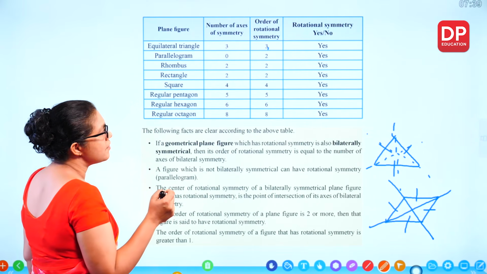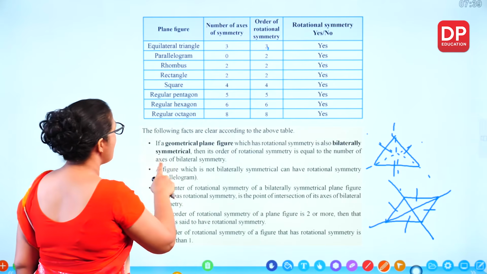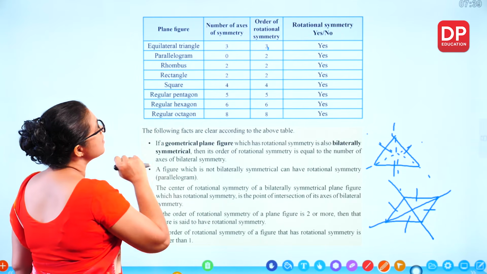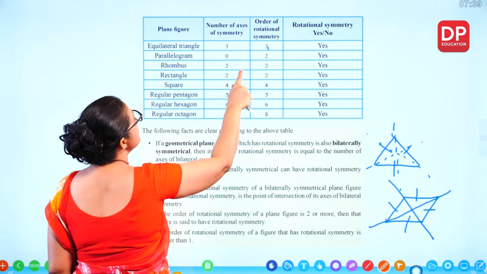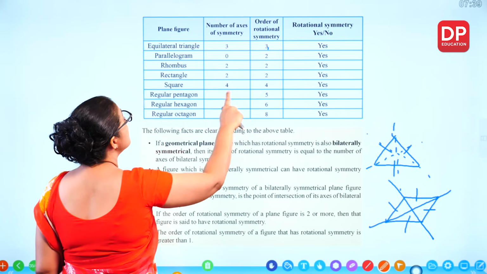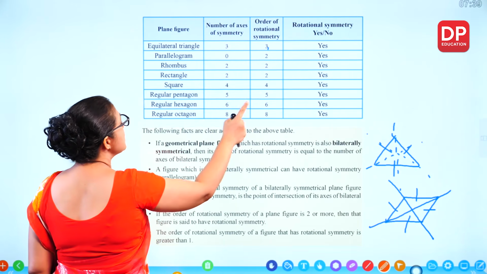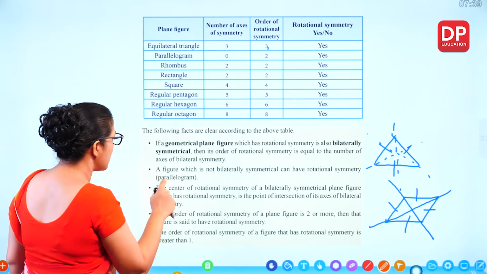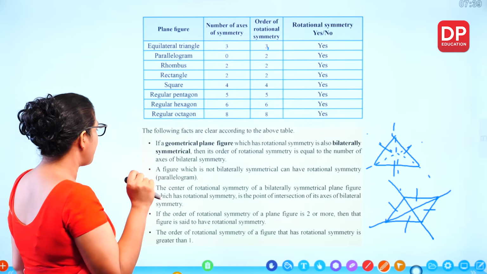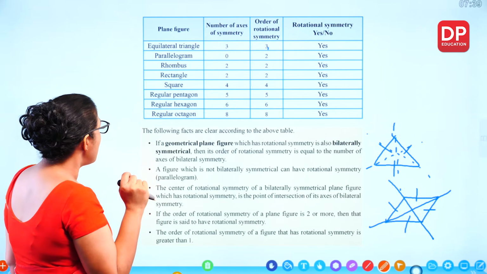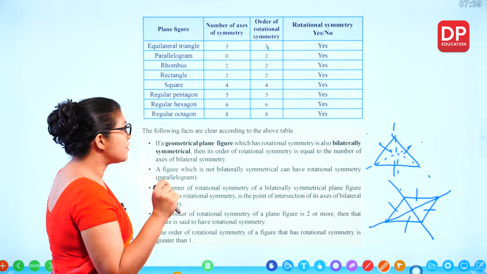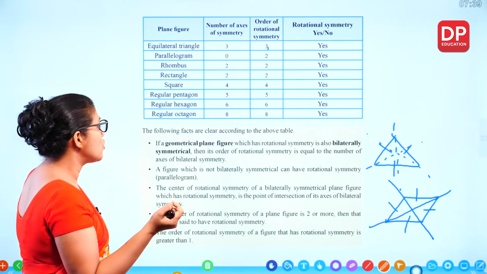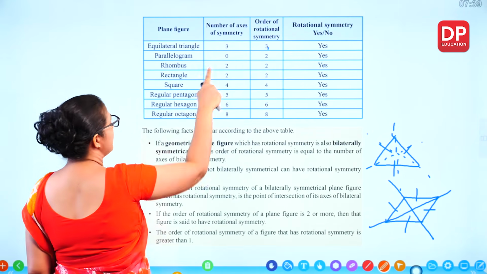If a geometrical plane figure which has rotational symmetry is also bilaterally symmetrical, then its order of rotational symmetry is equal to the number of axes of bilateral symmetry. Here these ones: rhombus, rectangle, square, pentagon, hexagon and octagon, you get the same values. A figure which is not bilaterally symmetrical can have rotational symmetry, like a parallelogram.